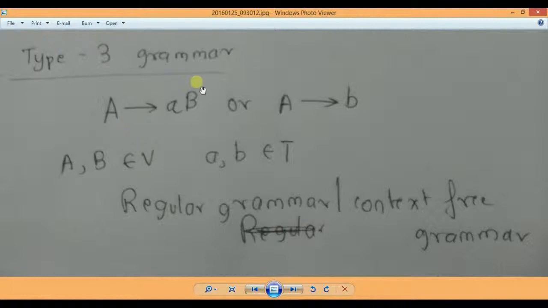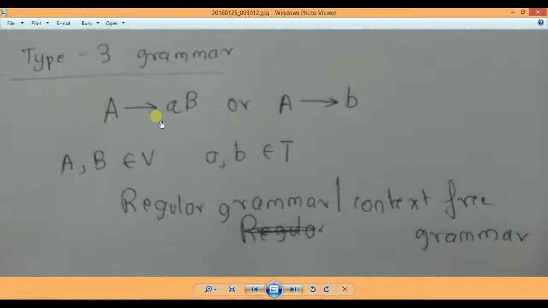Now, there are some rules. What are A and B? Capital A and capital B are the set of variables; they belong to the set of variables, and small a and small b belong to the set of terminals. If this condition is satisfied, then it's a type 3 grammar.